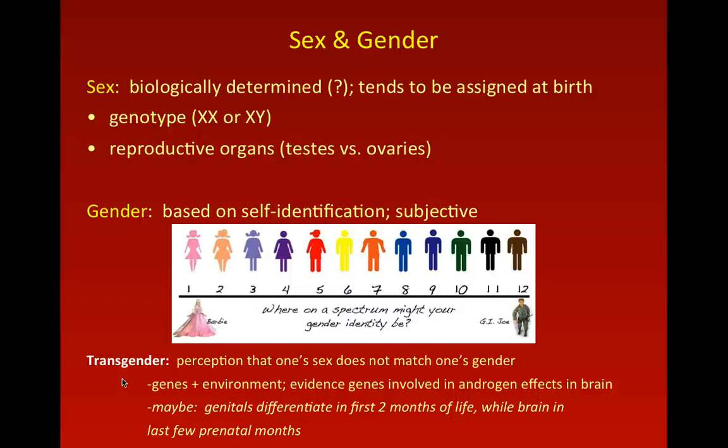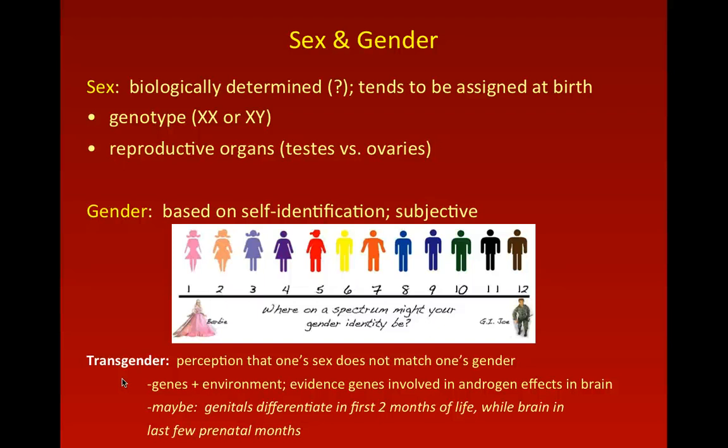But one of the leading hypotheses in the field is that in the first 2 months of life, the genitals and the reproductive system are differentiating, but the brain is differentiating in later prenatal months under different hormonal conditions.